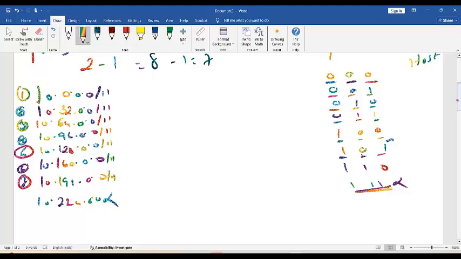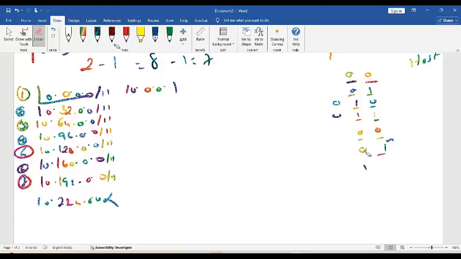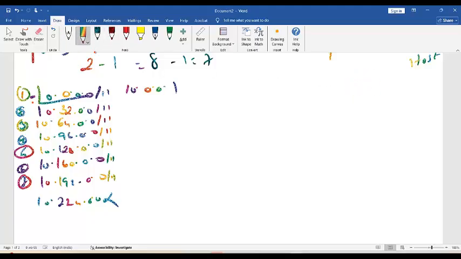And what is the first IP of this one? 10.0.0.1. Tell me, what will be the broadcast IP for that? What will be the broadcast of this? For that you need to refer to the next network. If the next network is 10.32, here the last will be 10.31.255.255, and this is the broadcast.